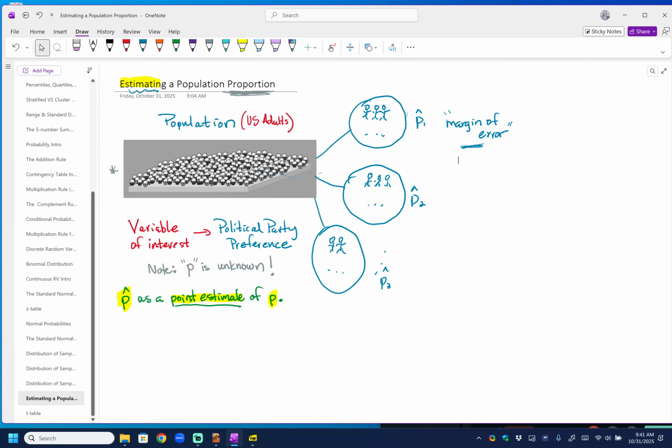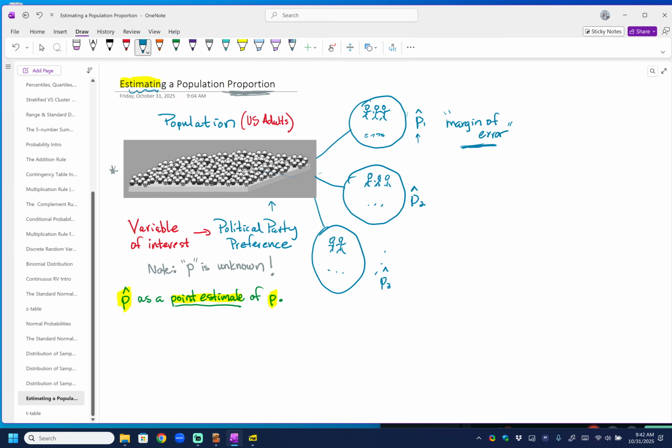Most students have heard of the term margin of error before, but let's talk about what that means in this direct scenario. So again, if we took the sample right here and we end up with the proportion of, let's say, 35% are Republican, we cannot just directly say that the population is 35% Republican. We can't do that.